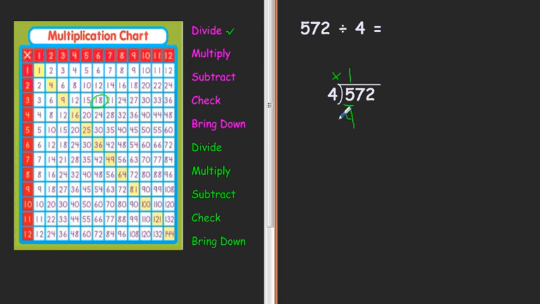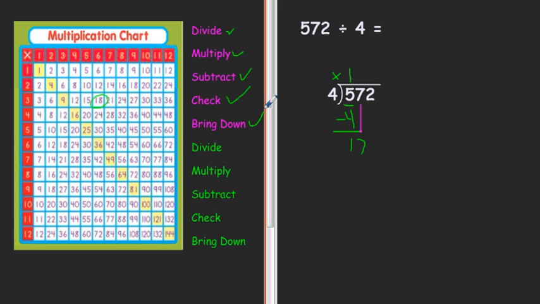So I multiplied, 1 times 4. Subtract. 5 minus 4 is 1. Now I'm going to bring down my 7. I'm only bringing the 7 down. I'm not going to worry about the 2 yet. So I checked to make sure that 1 is smaller. Right. So now I bring down.